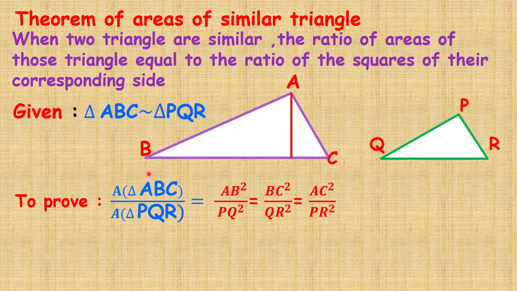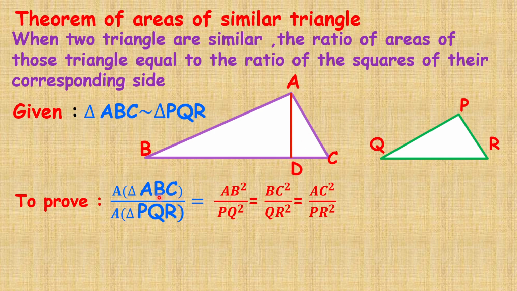How do we find the area of triangle ABC? We have to know the base and the height of triangle ABC. Therefore, we construct AD perpendicular to BC. BC is the base of the triangle and AD is the height.